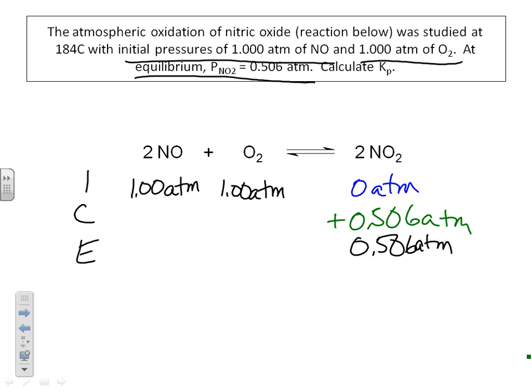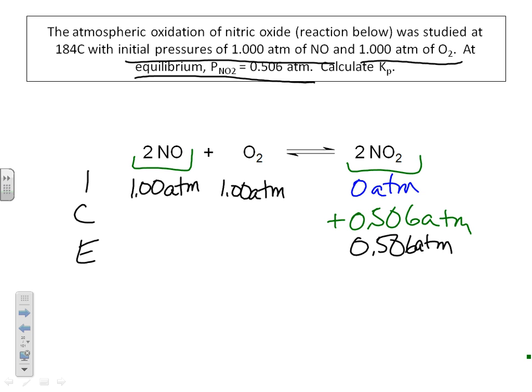You add 0.506. Then we're going to take that change and apply it to the reactants using stoichiometry. Now, the NO2 and the NO are in a 1-to-1 molar relationship. It's 2 to 2, right? They each have the same coefficient.